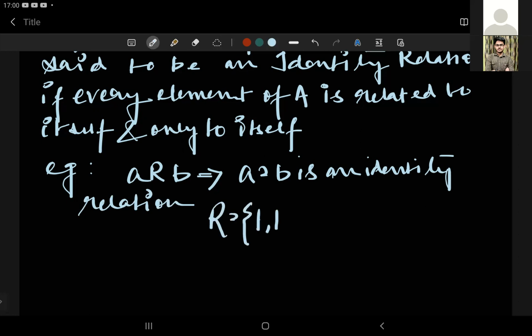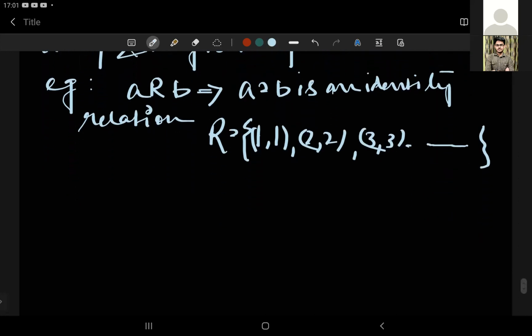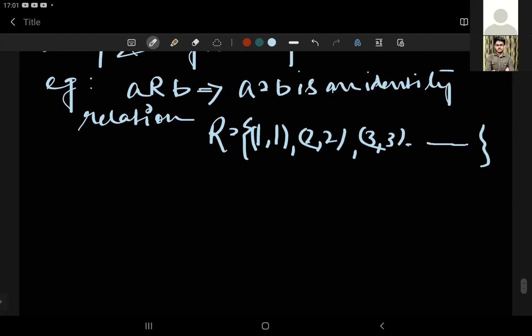So R is equal to 1,1, 2,2, 3,3, and so on, obviously. And obviously, if we have any other element, let's say of the form A comma B, where A not equal to B, then that will not be an identity. That needs no mention.